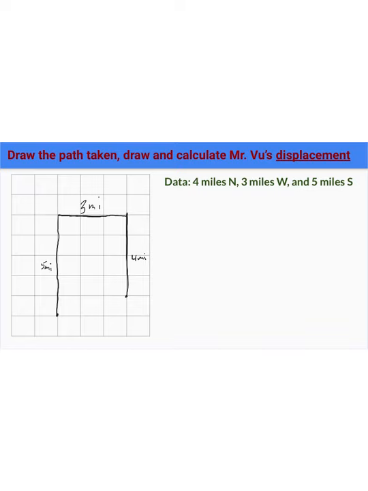But my displacement is not the same thing as my distance. It's not the whole path. It's just a straight line from the beginning to the end. Because it has a direction, I want to make sure I draw it as an arrow. So this is our start and this is our end right here.